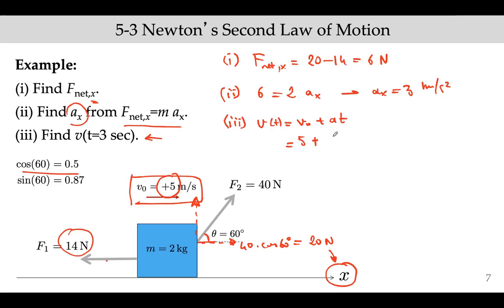And acceleration is 3, we just calculated. And the question is, what is the velocity at 3 seconds? So we're going to multiply by 3. So this is 9. So it's 14 meters per second. So the first 2 parts were dynamics because we dealt with forces. And then the third part was kinematics, which goes back to chapter 4.